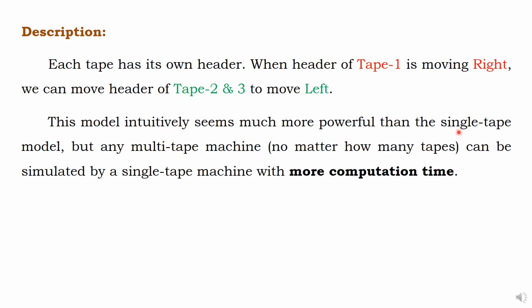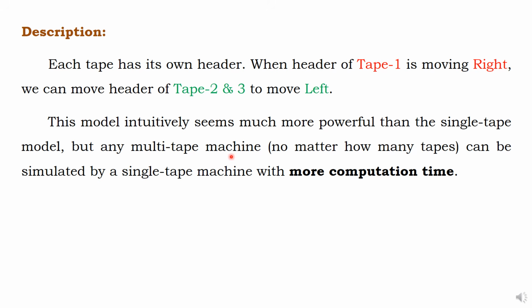It is definitely more powerful than a single tape, but any multi-tape machine, no matter how many tapes, can do whatever work by a single tape only, with less computation time. A single tape machine needs more computation time, whereas a multi-tape machine takes less.